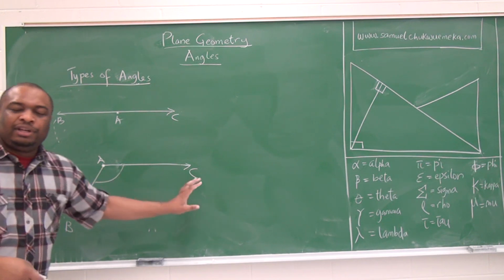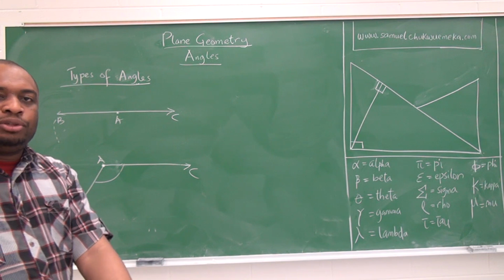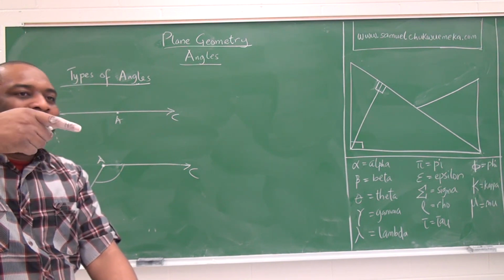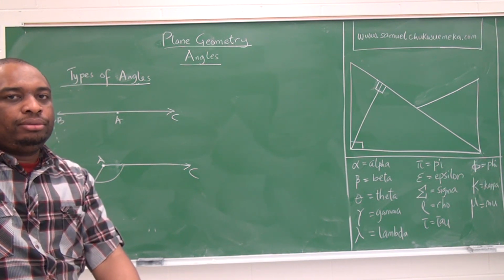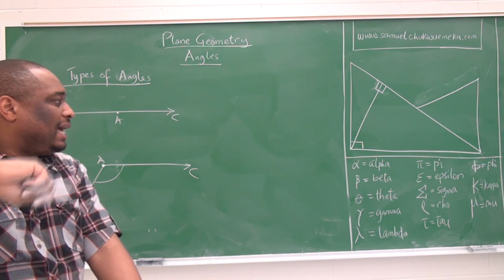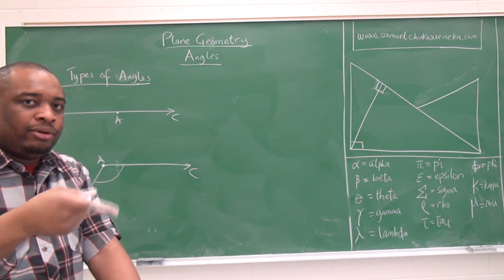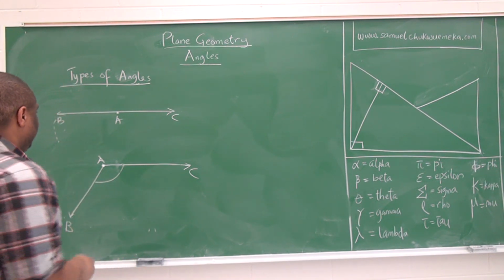So it's not giving us the fifth one. The fifth one, which is called a reflex angle, we find out by going back to the acute angle and looking at the exterior, not the interior.